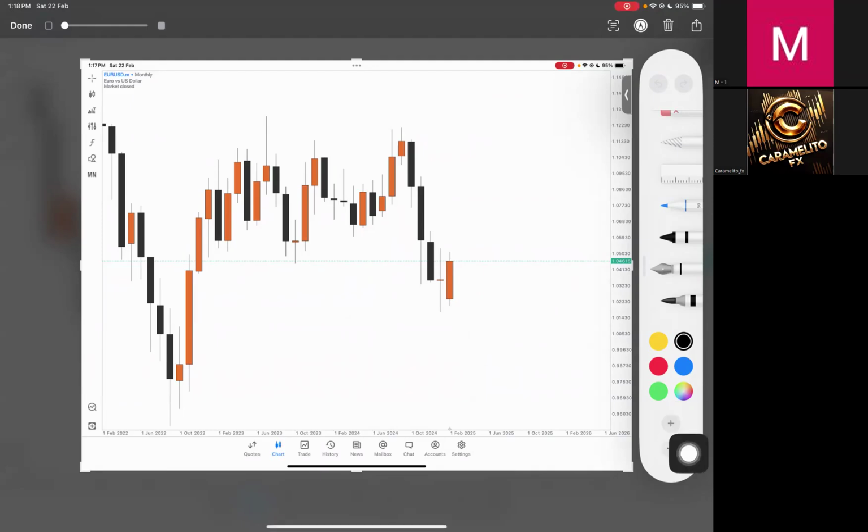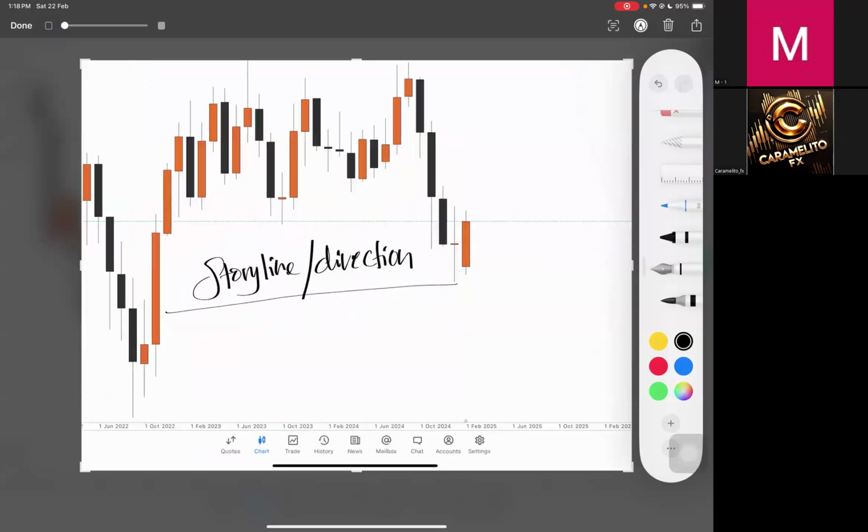Main directions, understand. Okay, so basically for our kind of engulfing, first thing first, I want you to understand something about the storyline and the directions, because this is really, really important. To understand storyline and direction, you need to check from at least monthly or weekly.